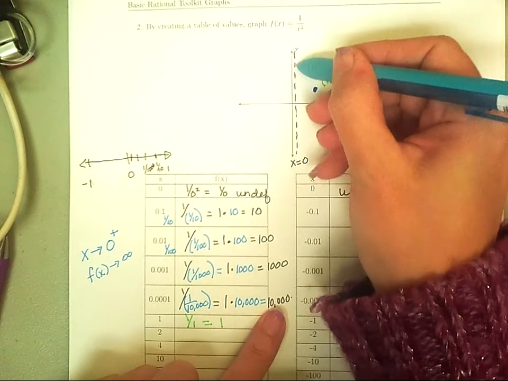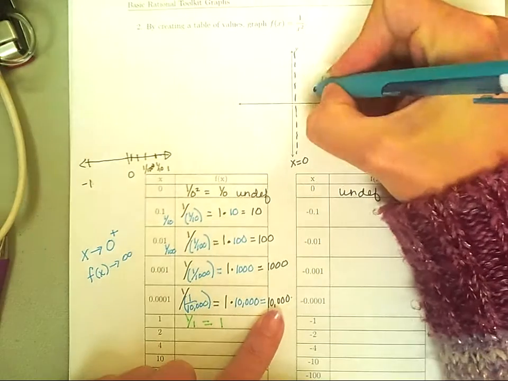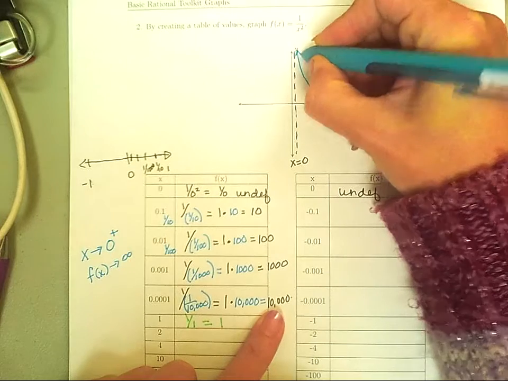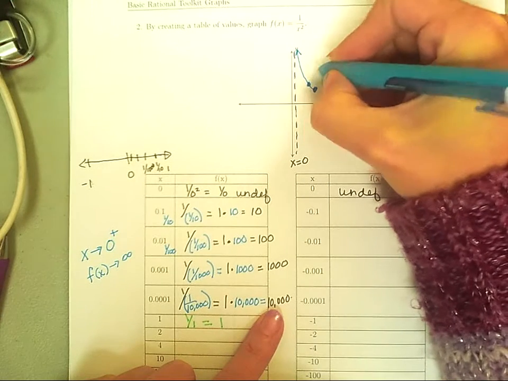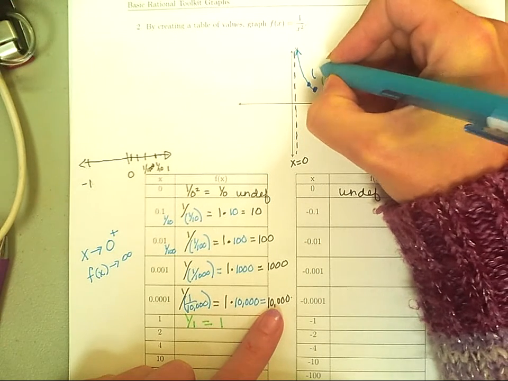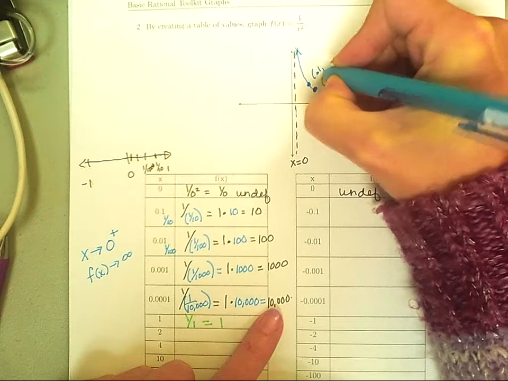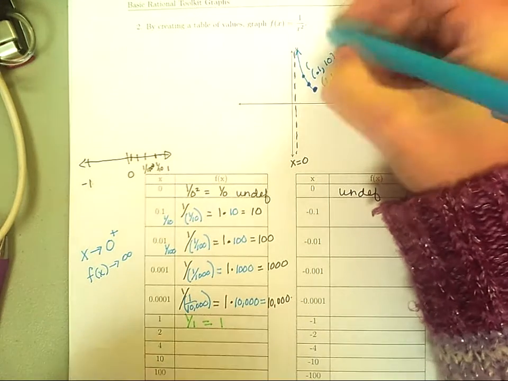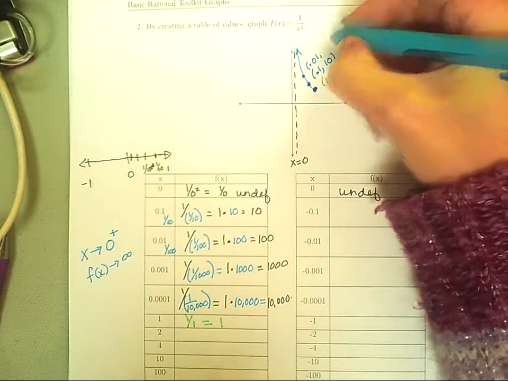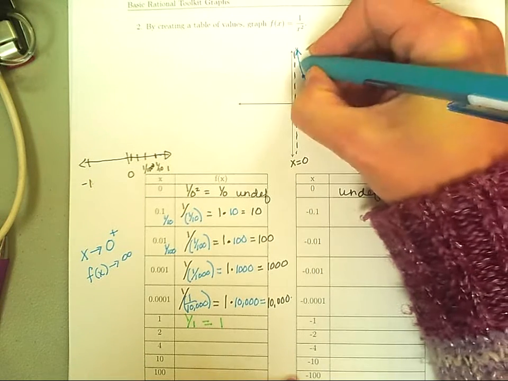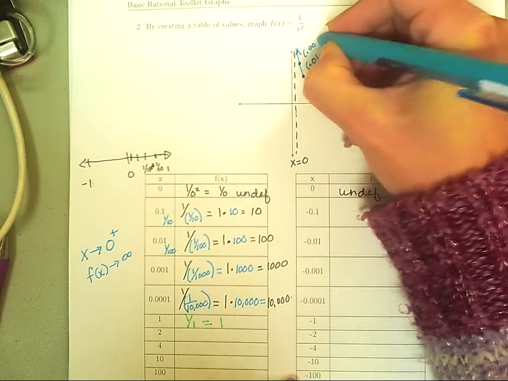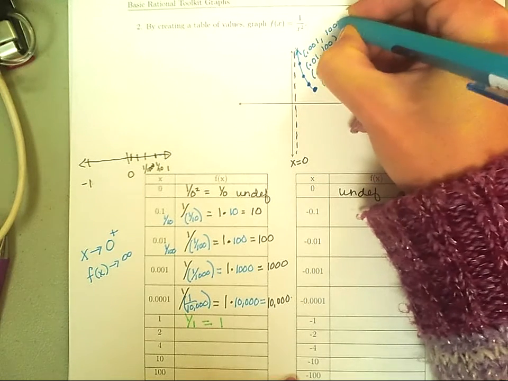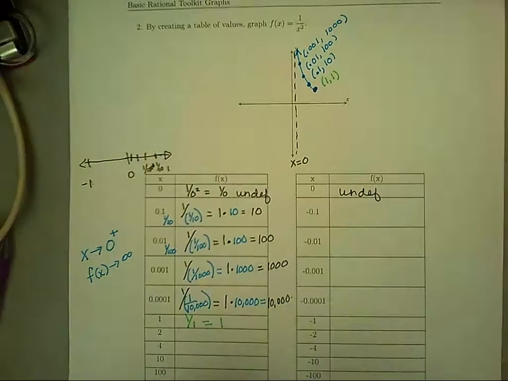The function values are taking off to infinity. We can label this then. Let's call this point 1/10, comma 10. We have a few more in here. Clearly not to scale, 0.01, comma 100. There's another one, 0.001, 1,000. So that's what's happening on this side.